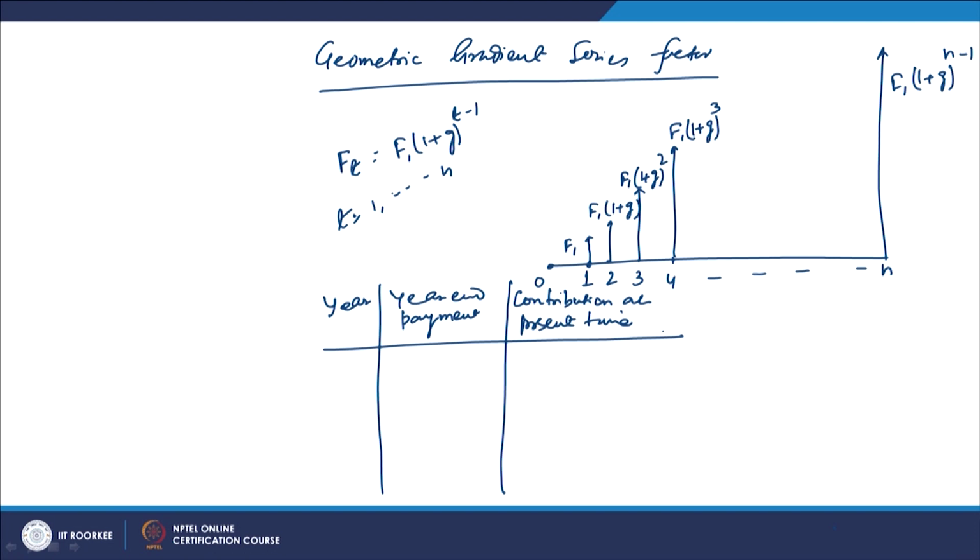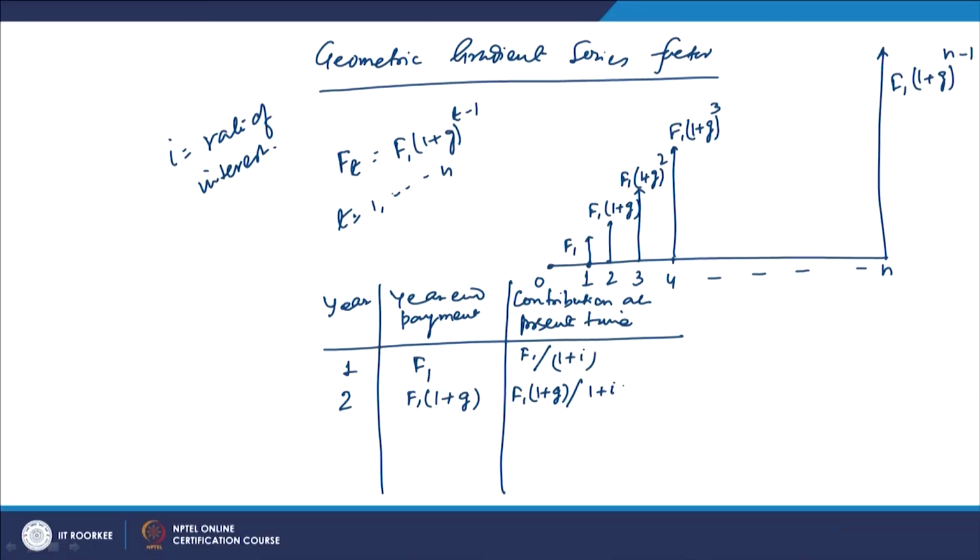In the first year, the year end payment is F1, and here I is the rate of interest. This payment F1 is at the end of year 1, so its value at time 0, its present value, will be F1 upon 1 plus I. That is its contribution at present time.